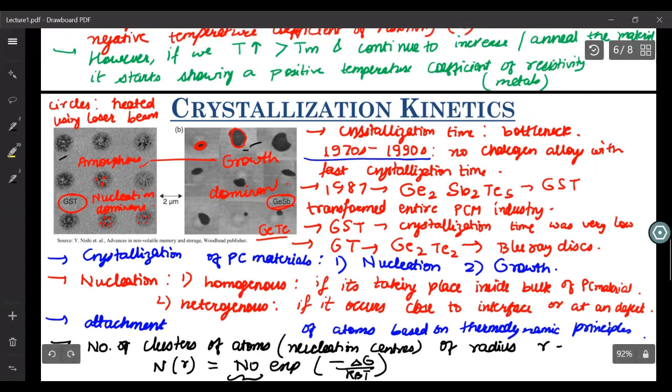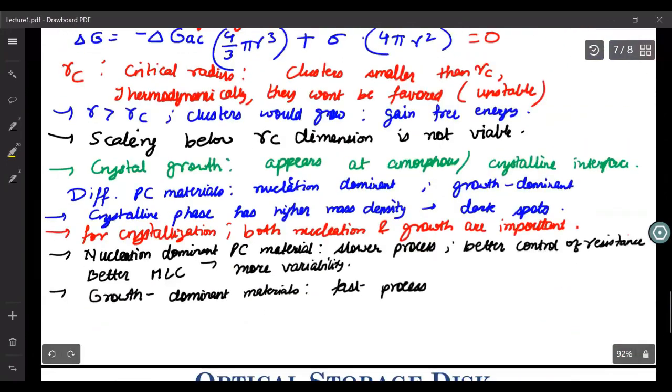So this is fast, this is slow, but at the same time, since you have many small clusters, just by using this laser beam twice or thrice, you can convert particular regions into crystalline. So you can achieve multi-level capability. But here, since the growth is very fast, you cannot achieve that multi-level capability. Since it's a fast process, MLC is difficult. I mean, it's not impossible, but it's difficult simply because it's a very fast process.